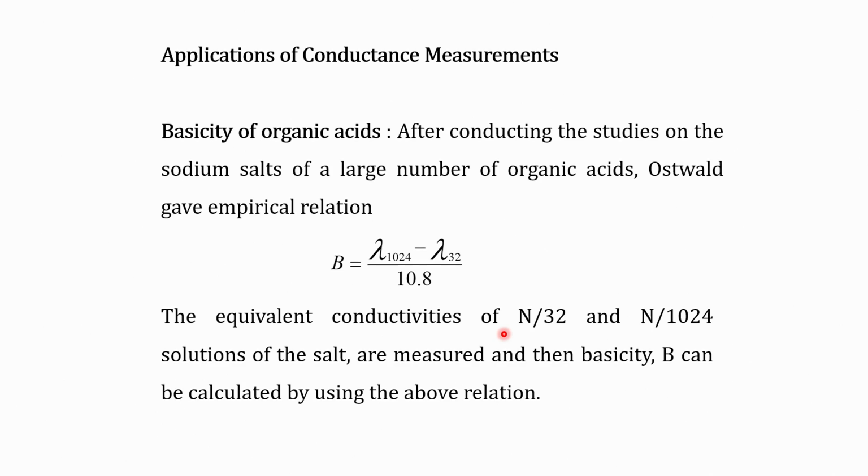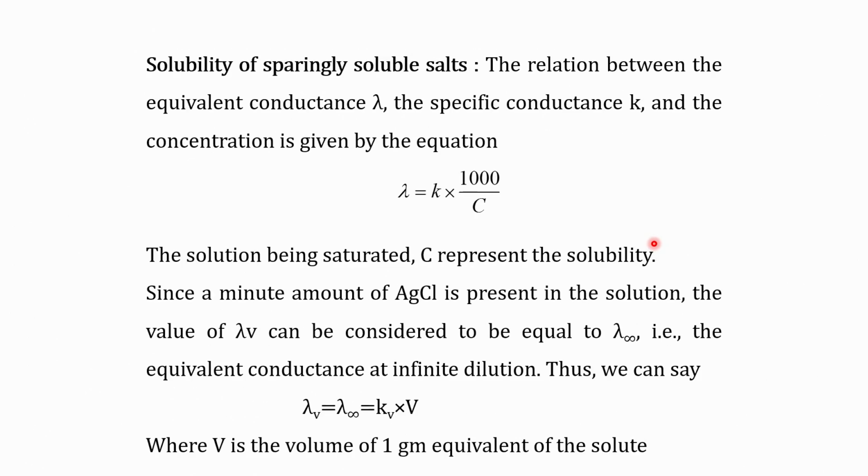That is a fairly important physical parameter for most of the organic acids like acetic acid, benzoic acid, succinic acid, malic acid, thousands of acids are there. So, the basicity of the organic acids is generally required for calculations.